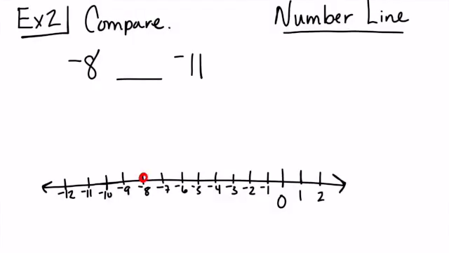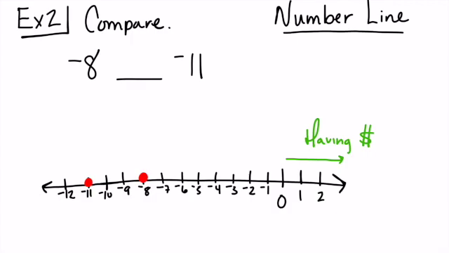Negative 8 is right here. Negative 11 is right here. So if I'm asking which one is bigger, remember, from here up is like having money. So the closer we get to here, the more we have.